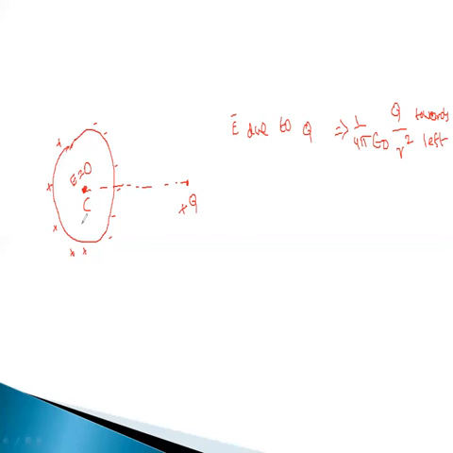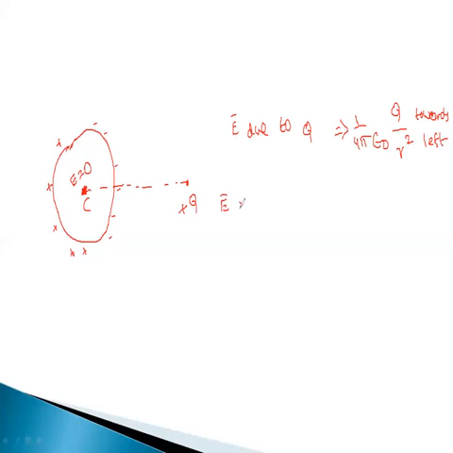But finally the electric field intensity at the center should be 0, even with any number of charges surrounding it. So there should be an electric field here due to the induced charge, which is equal and opposite to the electric field given by this particular charge.